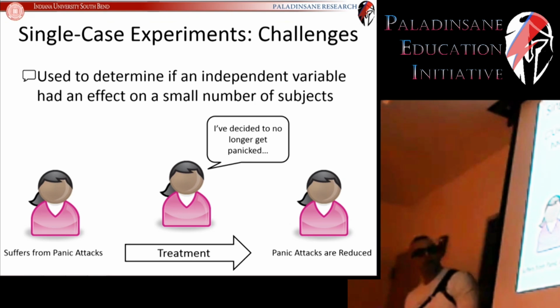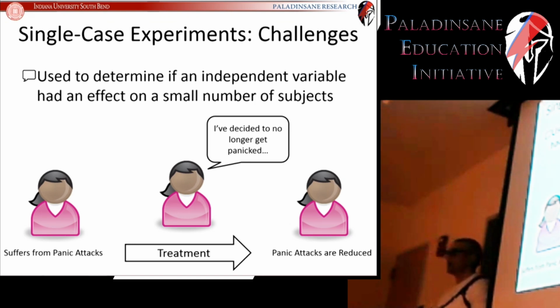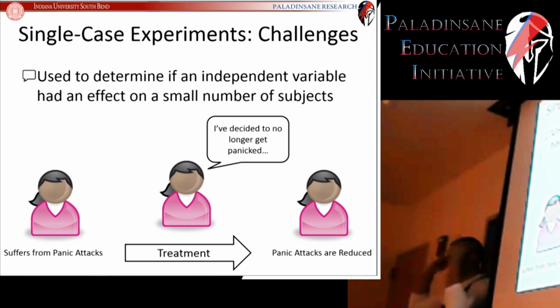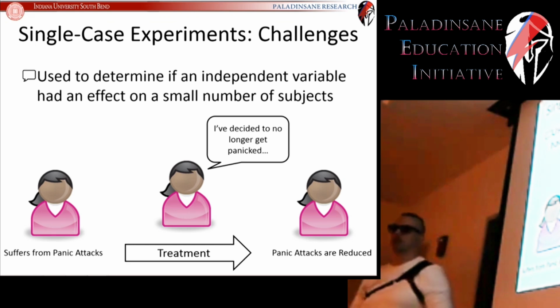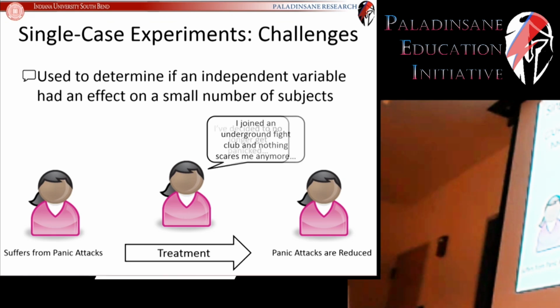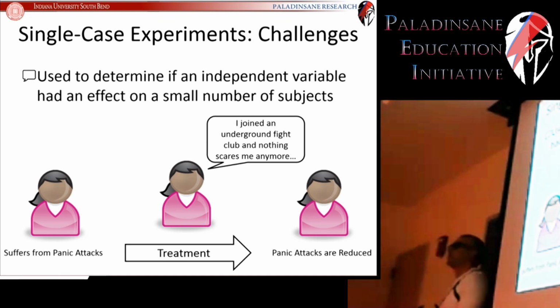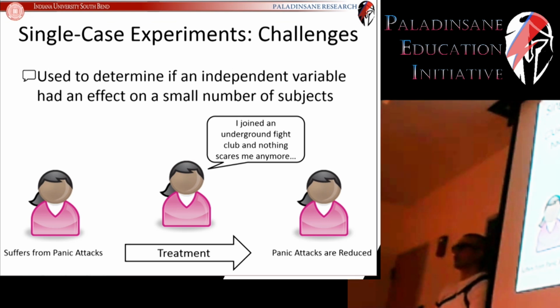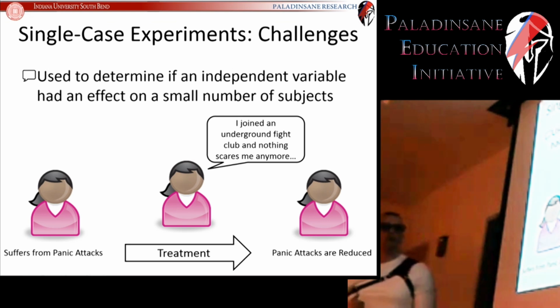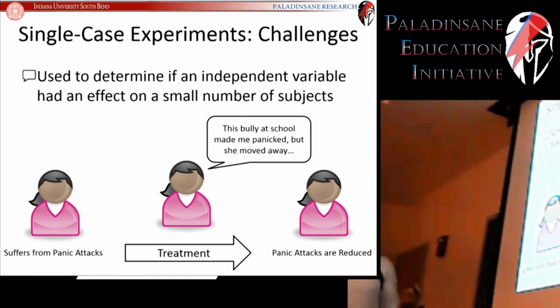So maybe they had a near-death experience. They start the treatment and they go outside, they almost get run over by a car. And that near-death experience just has this profound effect and it shifts their entire mentality. It could be anything. Maybe they joined a fight club and that just helps them deal with their panic attacks. The point is that it could be absolutely anything.